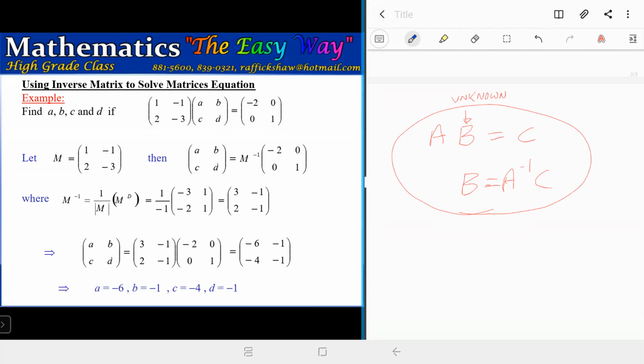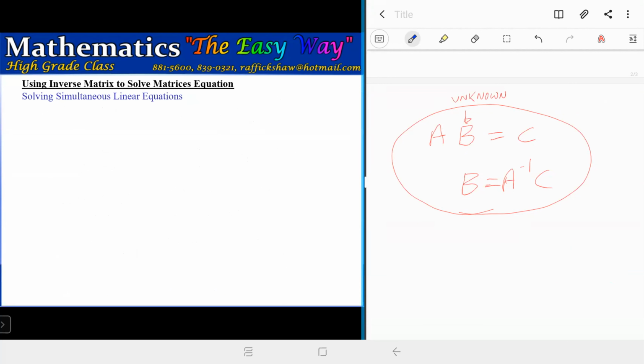Now, one of the things that they like to use the inverse matrices method to do is to solve simultaneous linear equations. They set a lot of questions on that, and it's prominent on your syllabus.